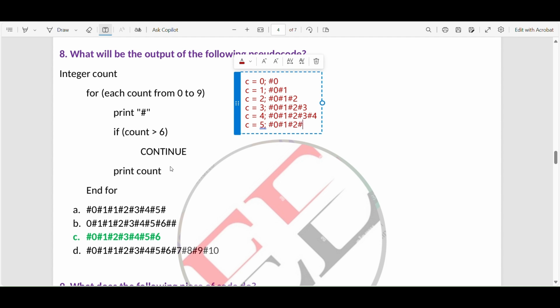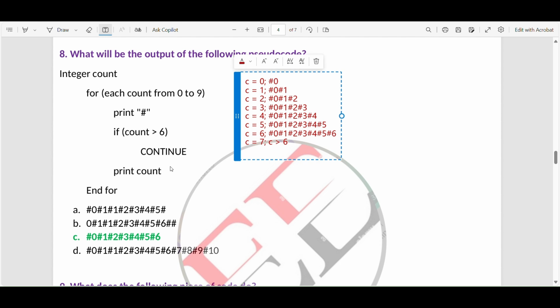So hash 2, hash 3, hash 4, and hash 5. And next we are going to 6, hash 0, hash 1, hash 2, hash 3, hash 4, hash 5, and oh, hash 6. And when you go here, we'll be having c is greater than 6.